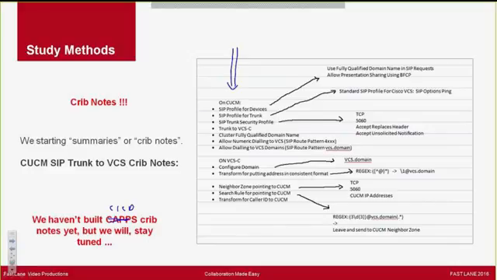So we summarize the steps that we need on the CUCM and the steps on VCS, and then for individual steps, for example the SIP profile for devices, what are particularly important things that we're configuring there. So we have a callout on the right, with steps and important values.